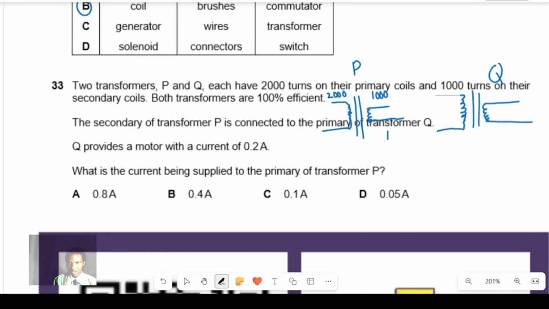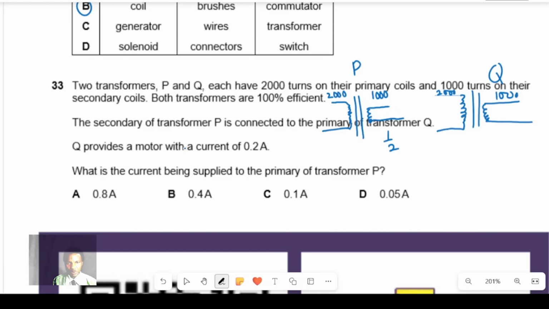So the ratio here is half. So it's a step down. And then this one 200 and then 100. So what is the factor? Let's look at what is going to happen here.